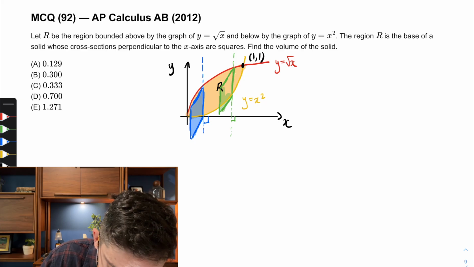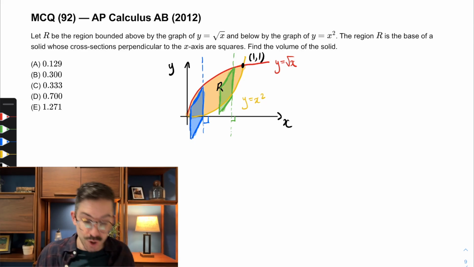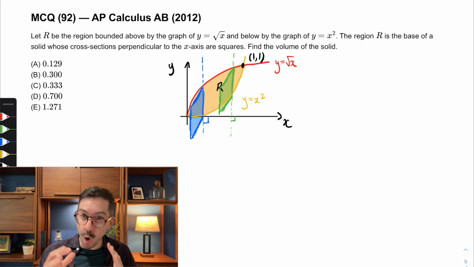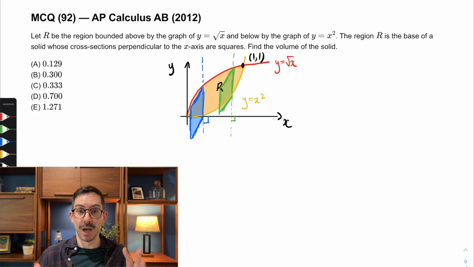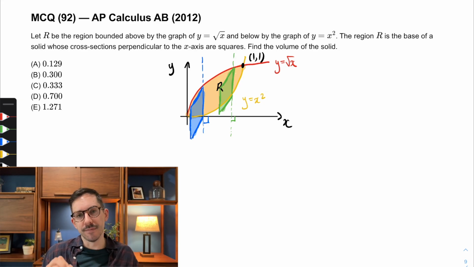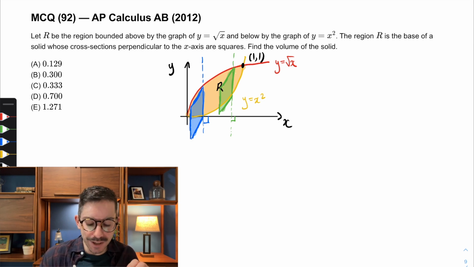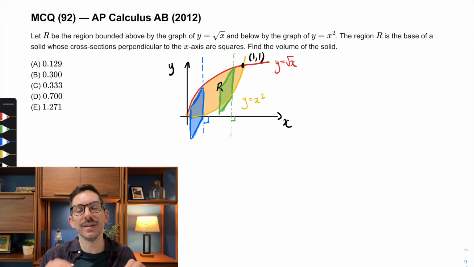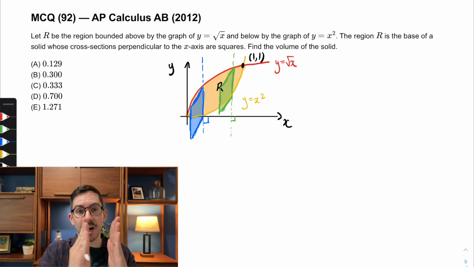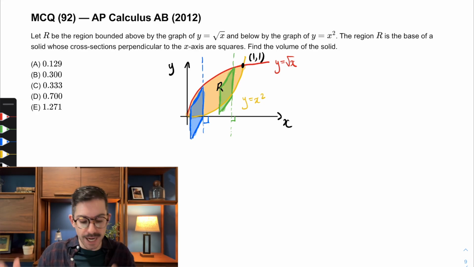Now this diagram is not really helping us solve this problem. You don't need to draw this on the exam under time pressure, but hopefully it's helping you visualize what's actually going on in this problem and get a little bit more understanding. Ultimately, what we want to do is calculate the volume of this solid. And the key thing here is that we are interpreting a definite integral as measuring an accumulation. Here, the solid is made up of an accumulation of cross sections.